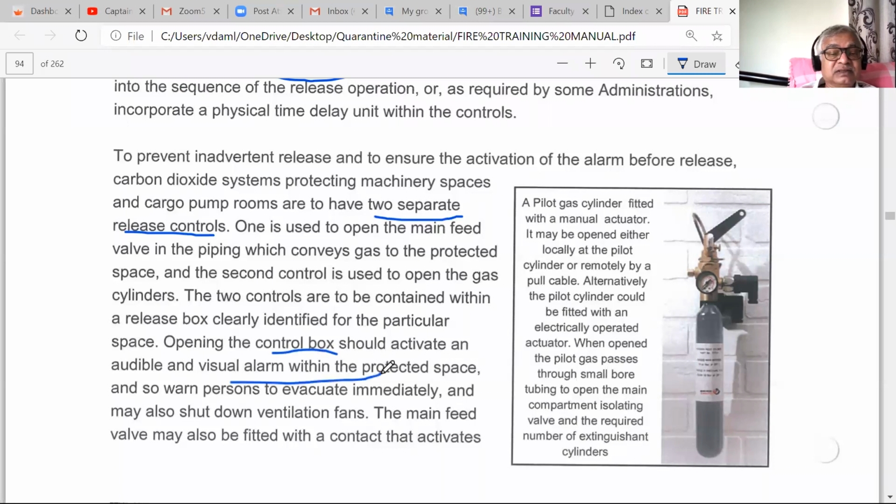First alarm starts, so they can start running out immediately. And of course, these are additional arrangements. You can't release CO2 when there is ventilation going on. The idea is to release CO2 and close all the ventilation so CO2 stays there, and it ensures that the fire gets extinguished, because it reduces oxygen. But ventilation must be stopped.